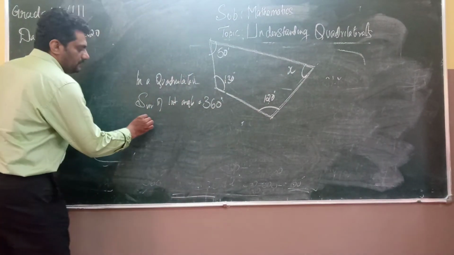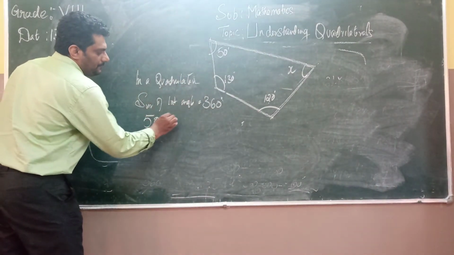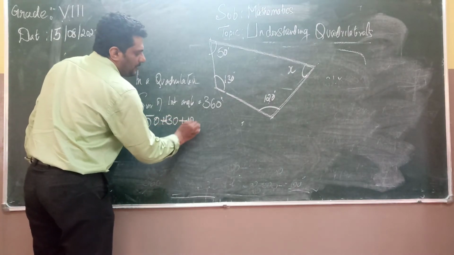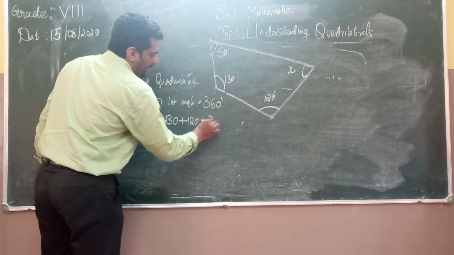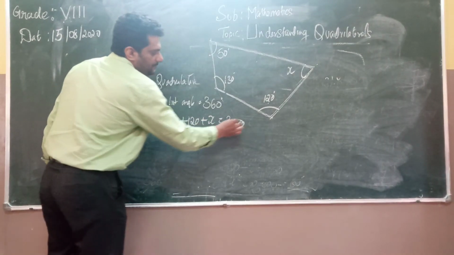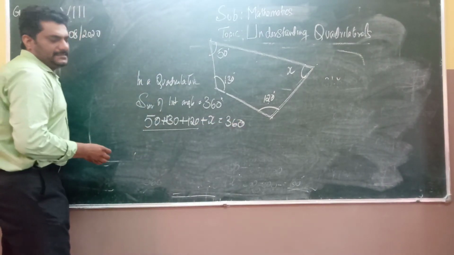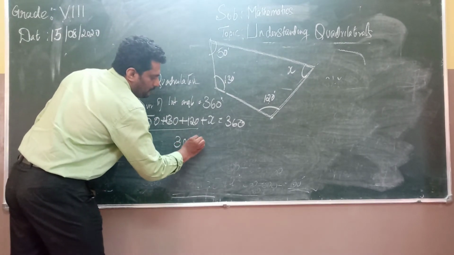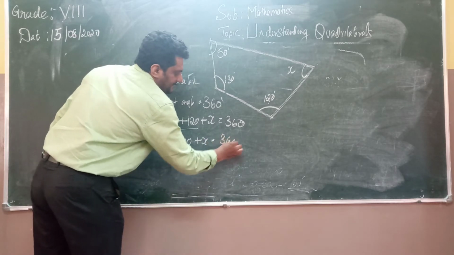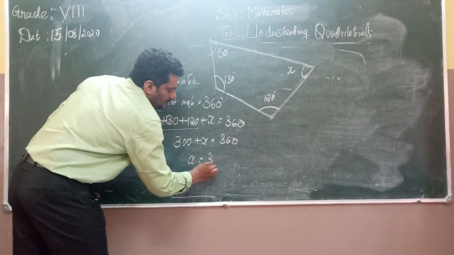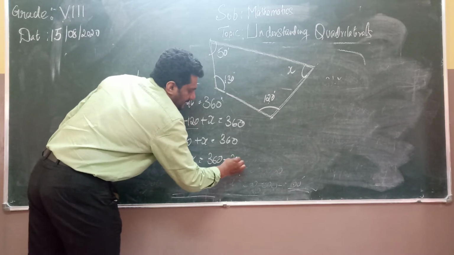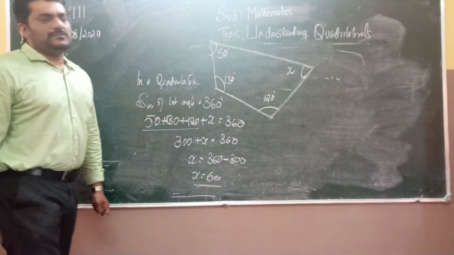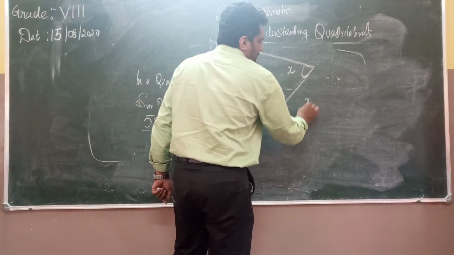So what we can do here is 50 plus 130 plus 120 plus x is equal to 360. Add all these. How much do we get? 250 plus 50, 300 plus x is 360. Therefore, x is equal to 360 minus 300. x is equal to 60. This is how you find the value of x.